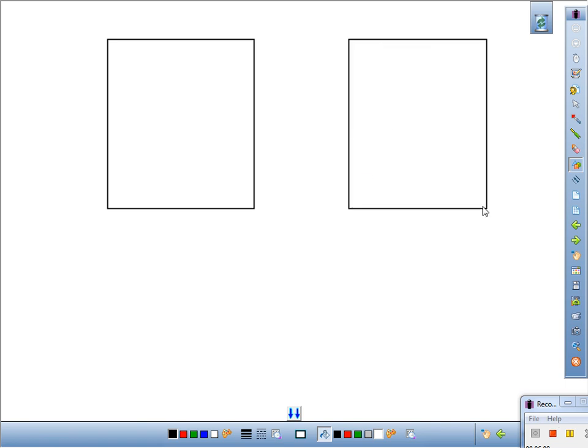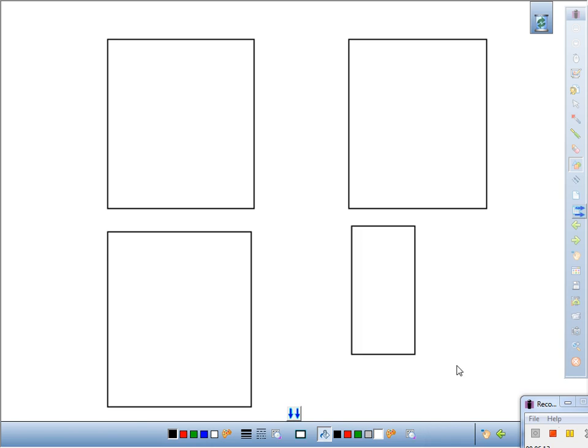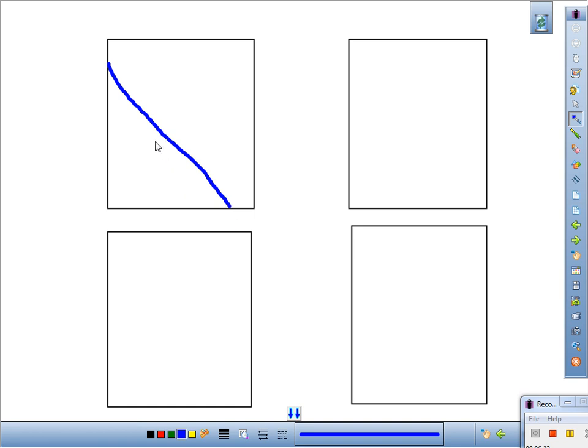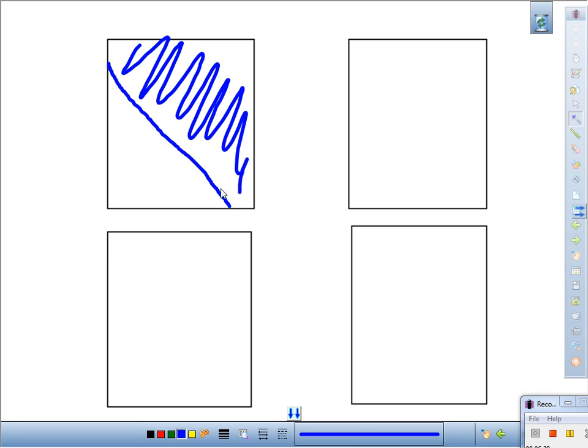I'm going to sketch a figure here, another one here, another here, another here. Okay. And in this figure, I'm going to sketch a line going like that. And I'm going to shade a region of this figure. Where did I shade according to this line?